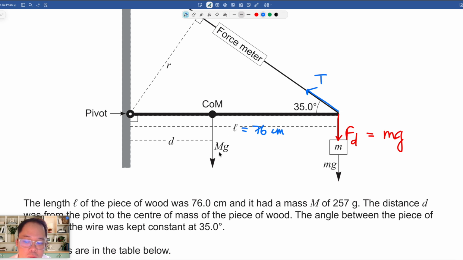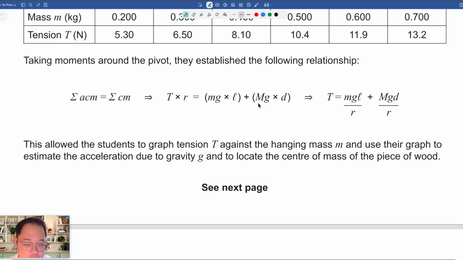Big M is the mass of the wooden piece, of course, and Mg is its weight. Its weight times the distance d from the pivot to this gravity. So on the right hand side here are the two clockwise moments, and the left hand side is the anti-clockwise moment. By dividing the equation here by the distance r on both sides, we get the next equation, which is this one.